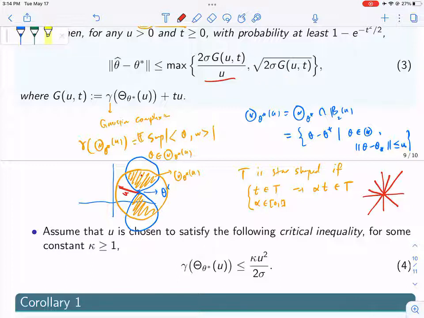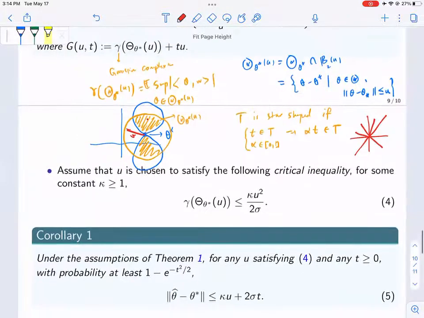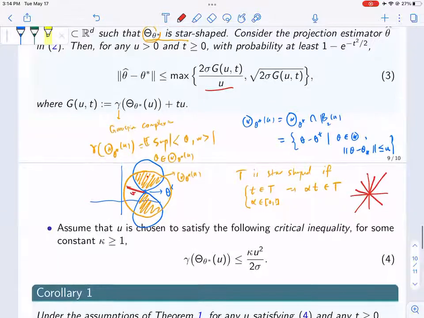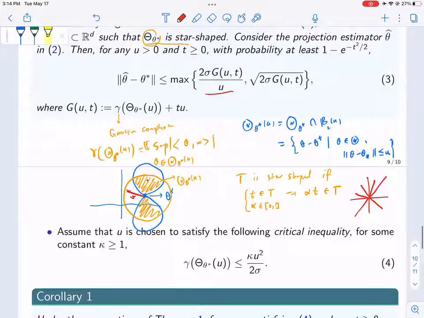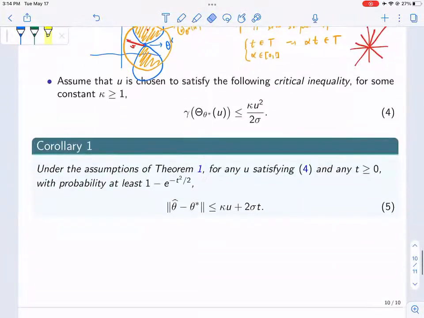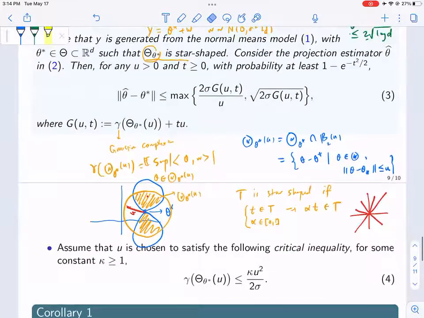So what you end up doing is, let's see, imagine if I set these equal, so 2 sigma g(u), I'm going to ignore the t.